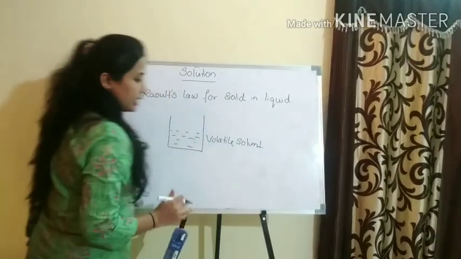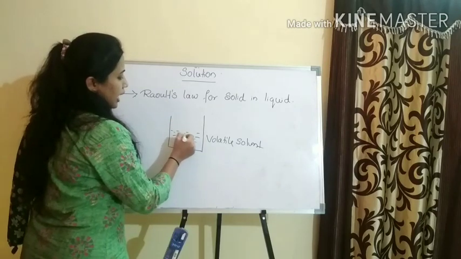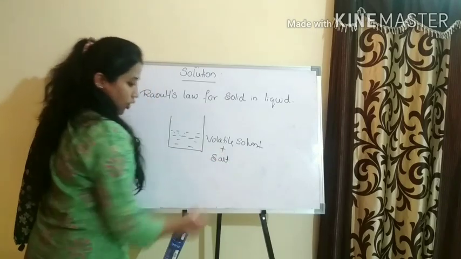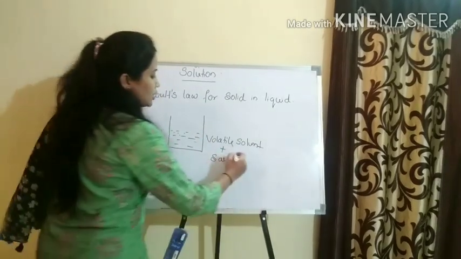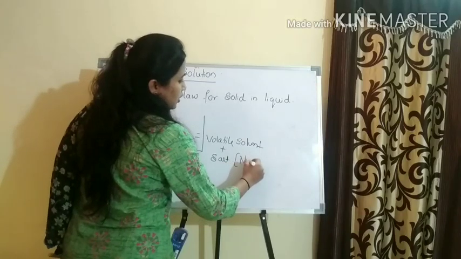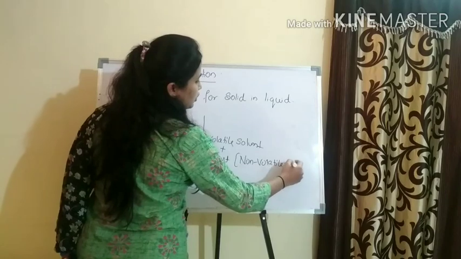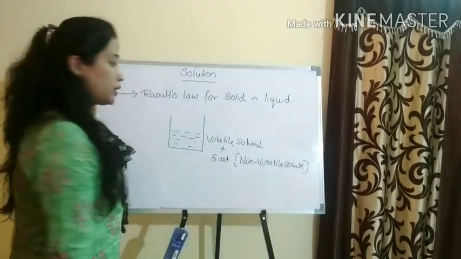I have filled it in the container. To this I am going to add salt, or you can take any non-volatile solute. Non-volatile solute means it will not evaporate easily into the atmosphere.